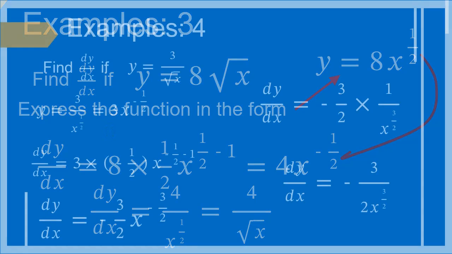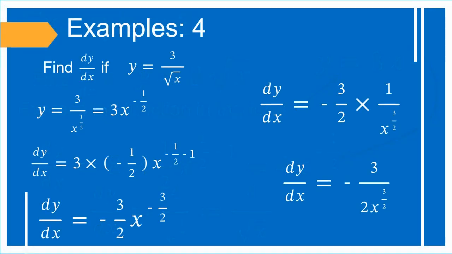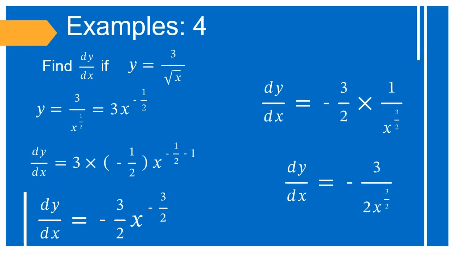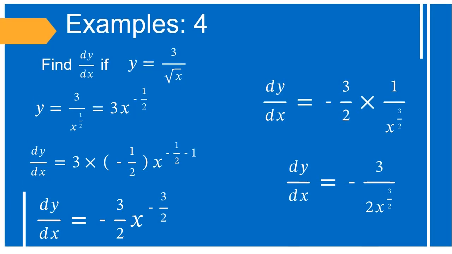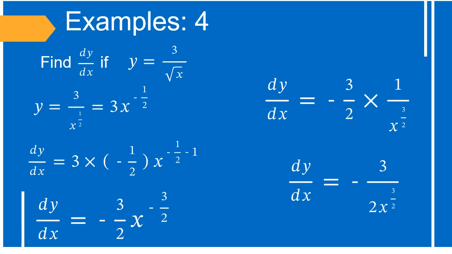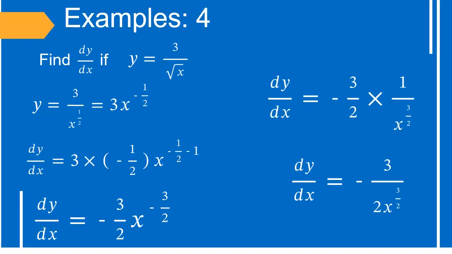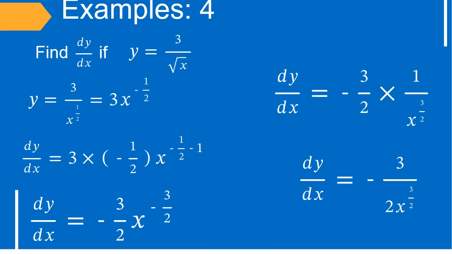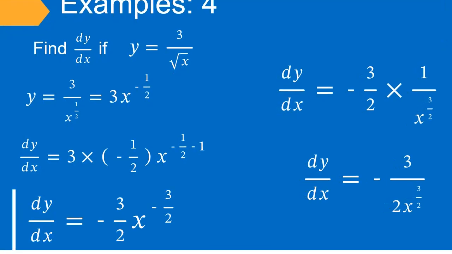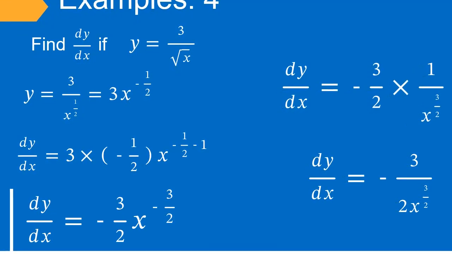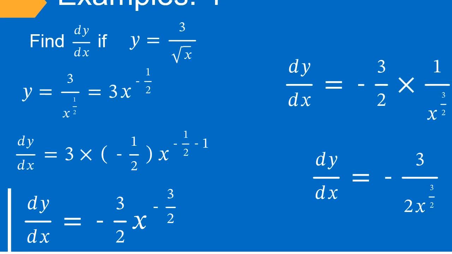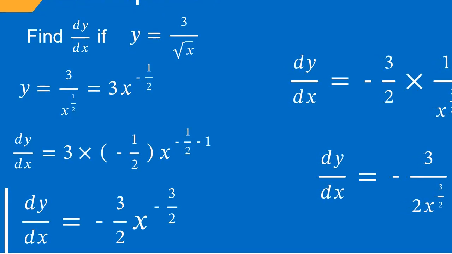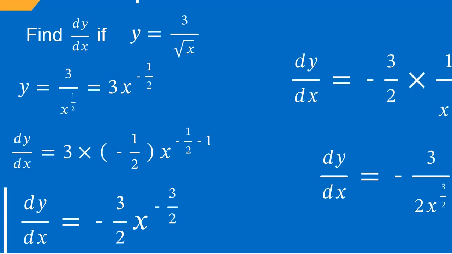Example 4 is somehow more involving. It's another format in which a question can appear. We have to find dy/dx if y equals 3 over the square root of x. Like we did in example 3, we have to express it in the proper form so that we can solve.